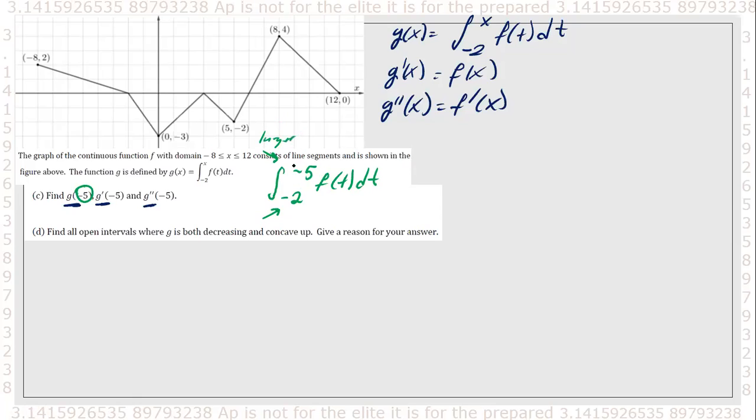Is this true? Well, actually, no. -5 is way smaller than -2. So what you're going to do is first flip these, and the only way you can do that, because of a property, is if you make it negative. Now we can find the area. This is -2, and -5 is right here, so you want to find this area right here.